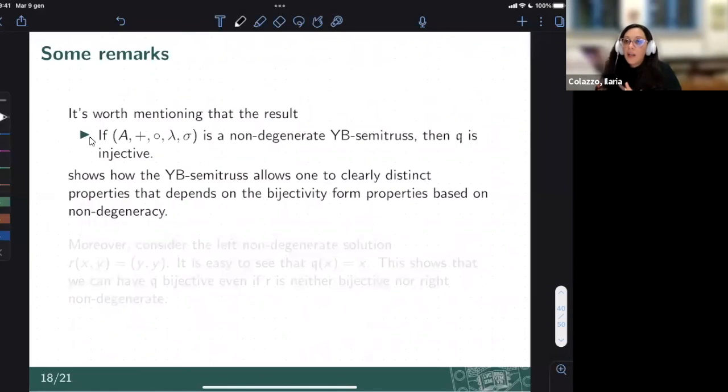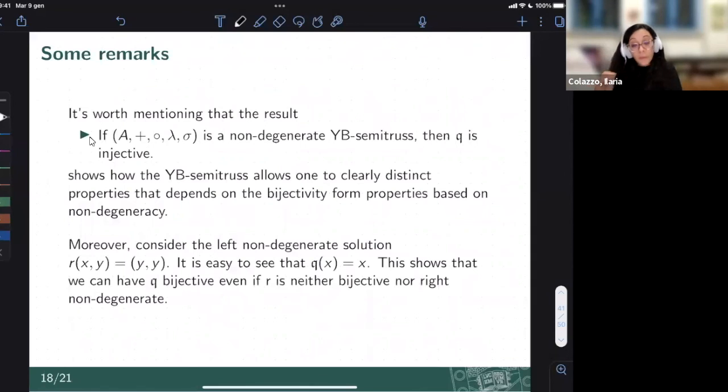shows that we can really look at the solution associated to a YB semi-truss, splitting what it means for the YB semi-truss for our solution to be bijective, and which properties are based on the fact that the solution is non-degenerate.